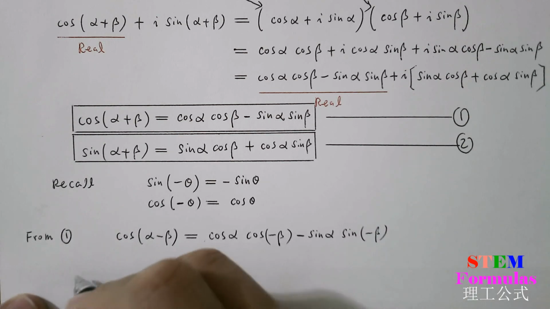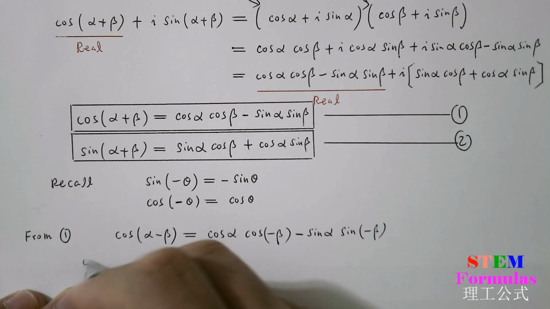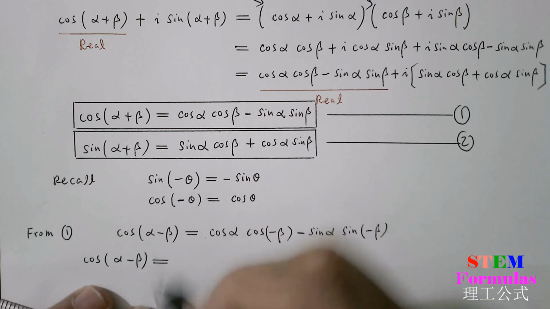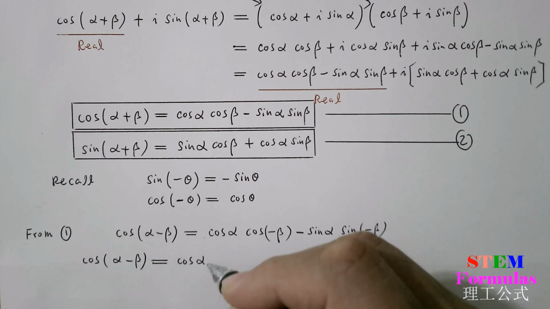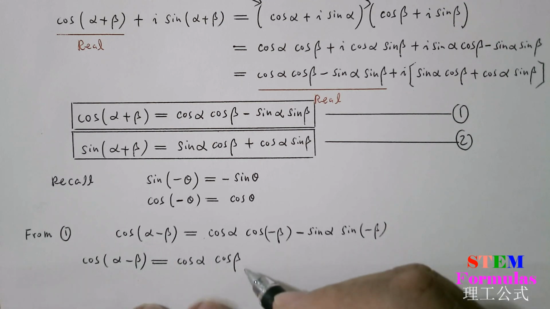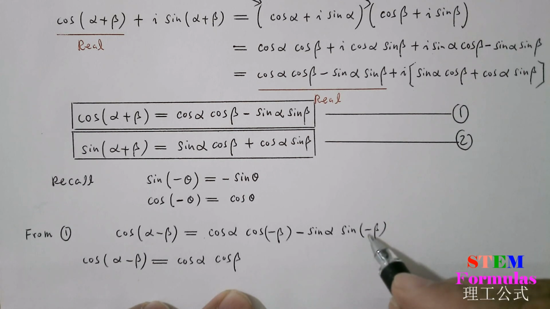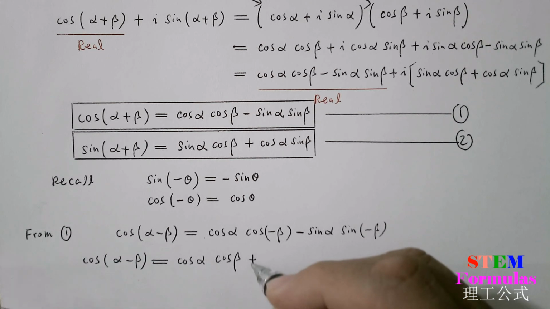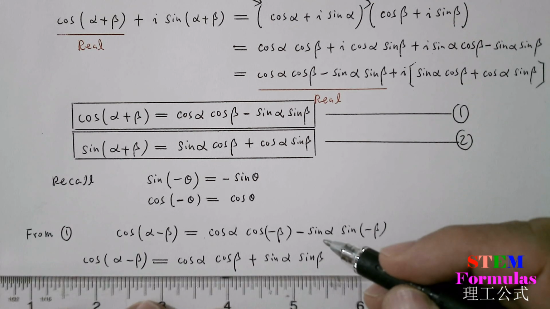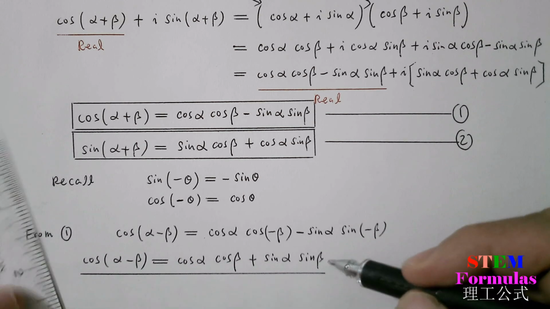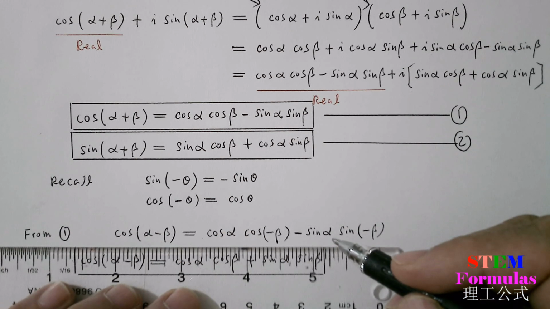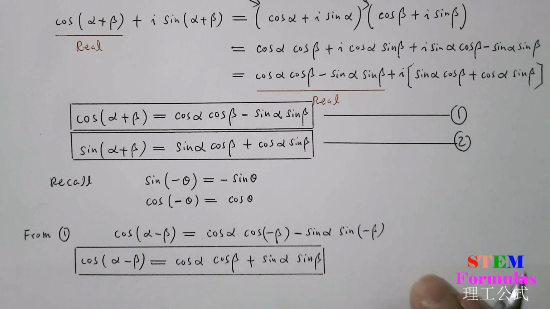Therefore I have a new formula: cosine (alpha minus beta) equal cosine alpha cosine beta, because cosine of minus beta equals cosine beta, and this minus sign will cancel out with this minus sign. So plus sine alpha sine beta. Now this is another formula.